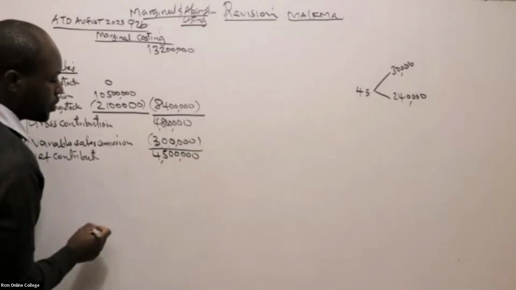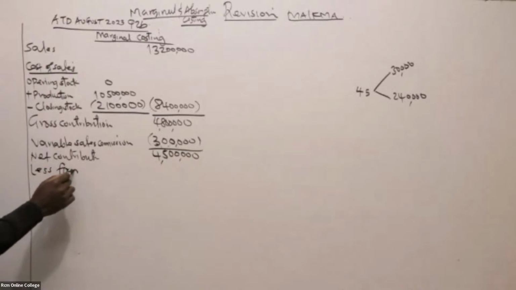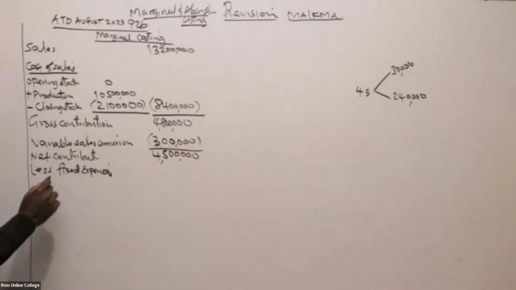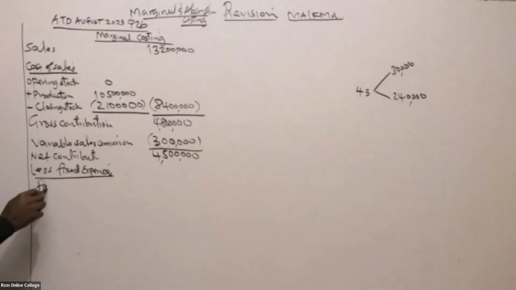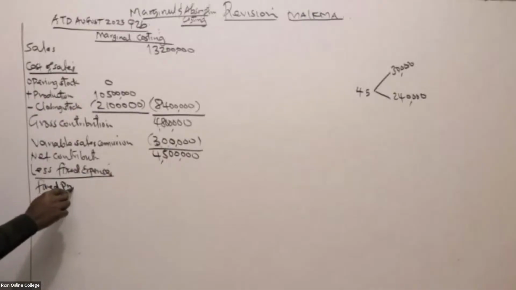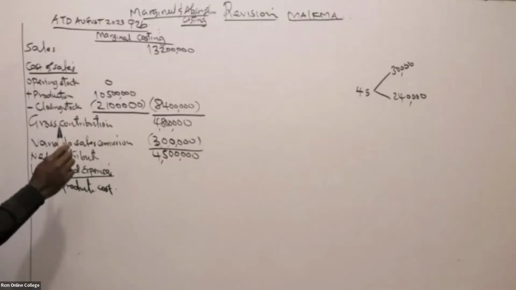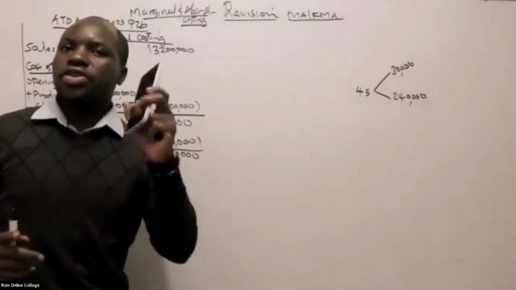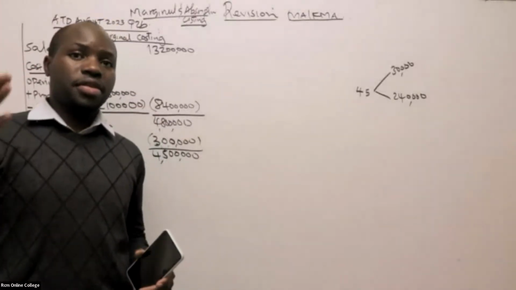4,500,000. Now from this, we can less all the fixed expenses. One of the fixed expenses is the fixed production costs. In the marginal costing system, the fixed production costs do not form part of the product cost, but are expensed in the income statement.